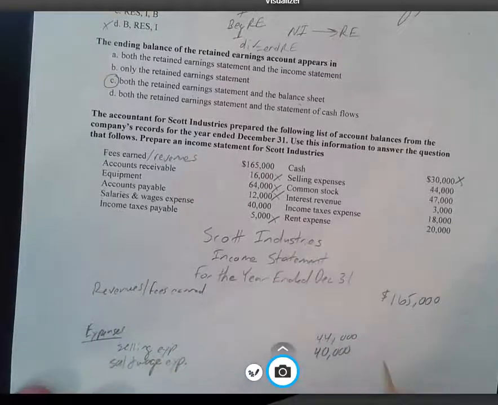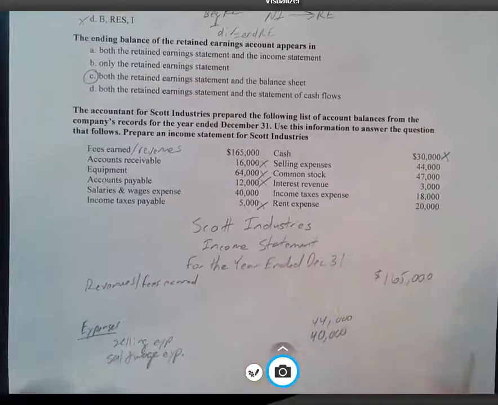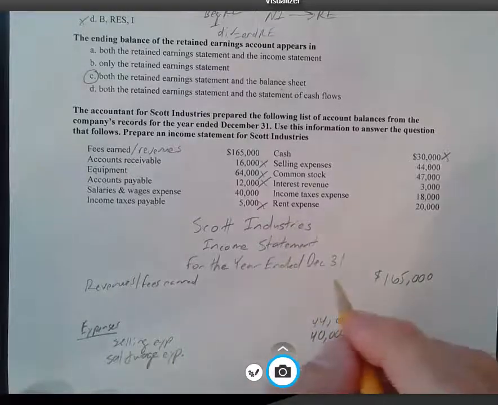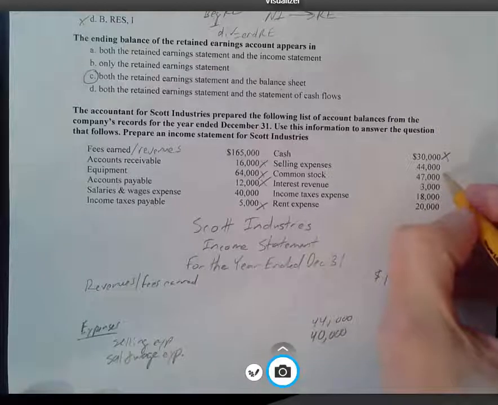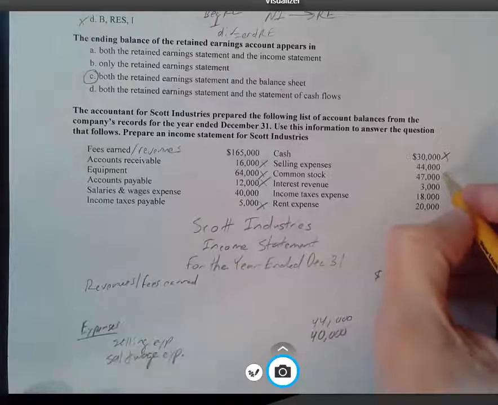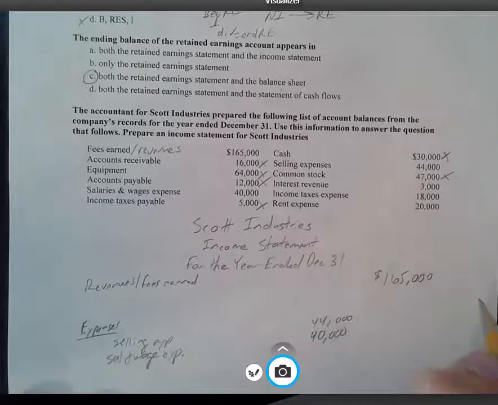Typically, what we do on this is we order our expenses from highest to lowest. That's why I went ahead and put selling expenses on top. Okay. Common stock is part of the stockholders' equity section on the balance sheet. We do not need that number.